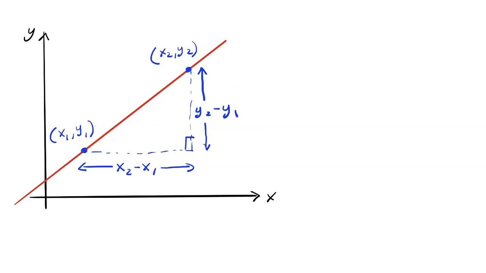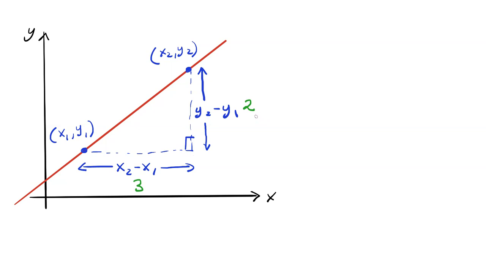Okay, so let's say, for example, that this is equal to 3, and this is equal to 2. So if we go 3 steps here, then we go 2 steps up.